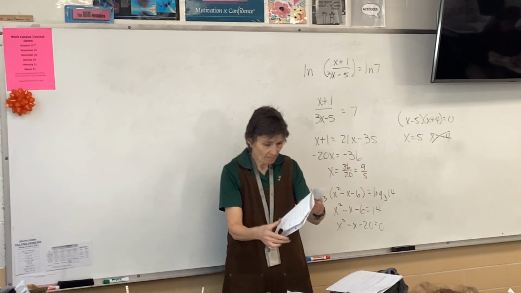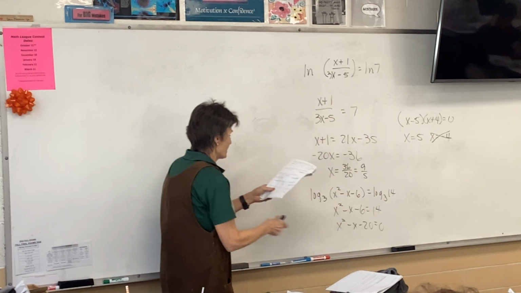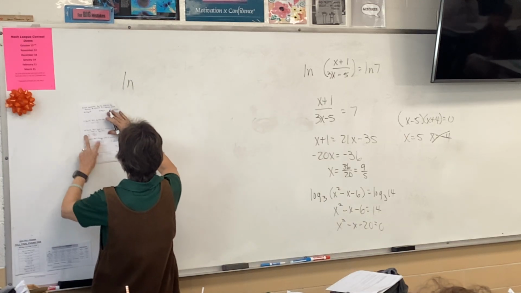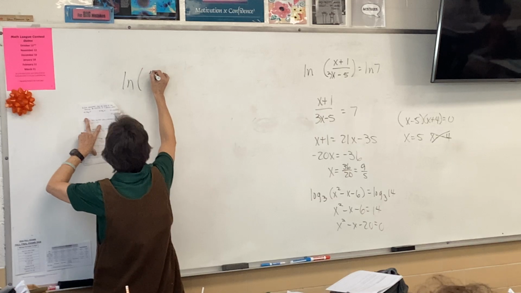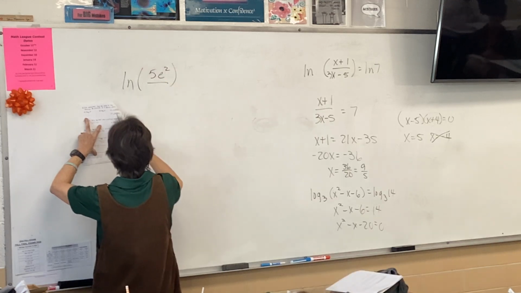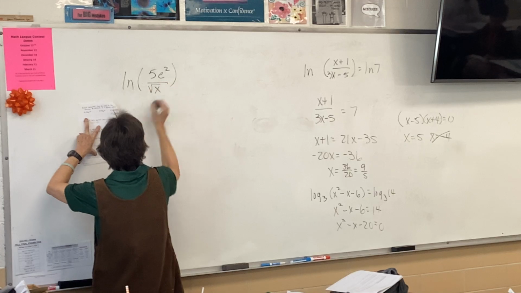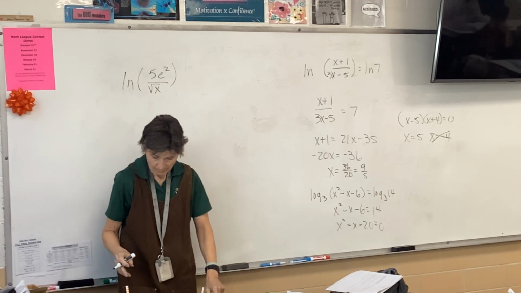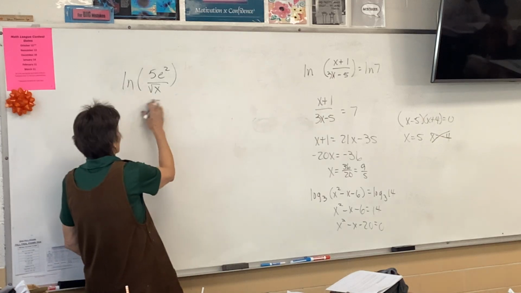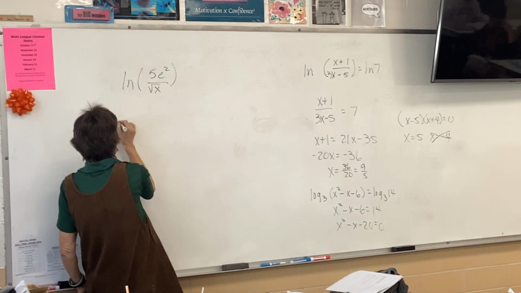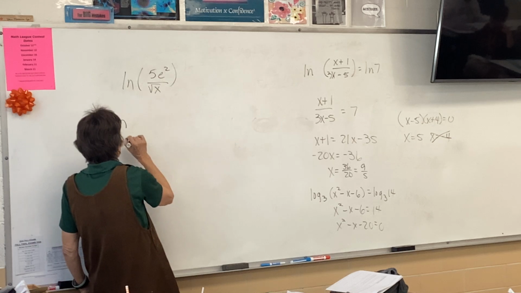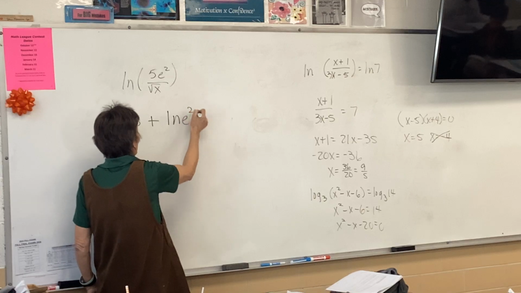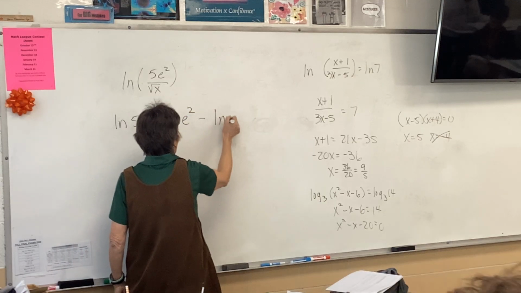All right, so which of the following expressions is equivalent to ln... I'm just gonna go ahead and start breaking this apart. So that's a division, and that's a multiplication, so ln 5 plus ln e squared minus ln root x.